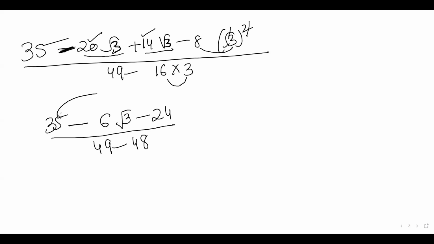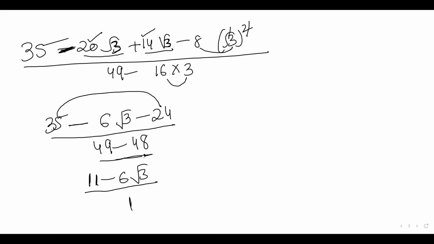Now these two can be simplified. 35 minus 24 is 11 minus 6 root 3 by 49 minus 48, 1.